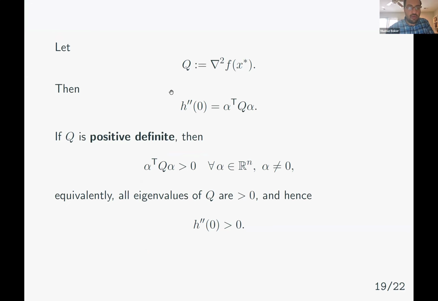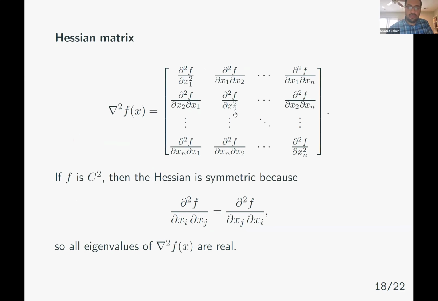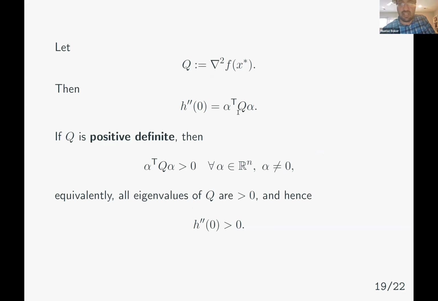Now, if Q is positive definite, and because Q is symmetric, this is a very important property, we call this function a quadratic function. Quadratic functions have very interesting properties, and they are used a lot for analysis of functions.